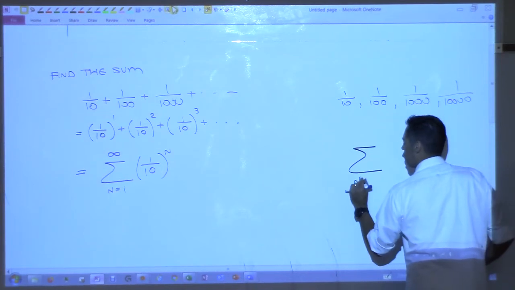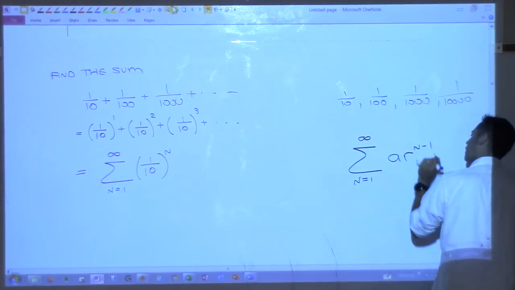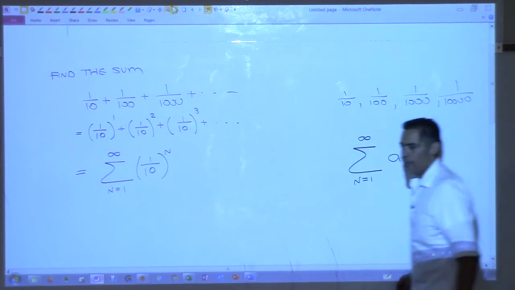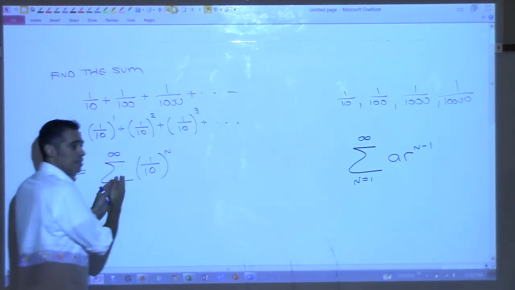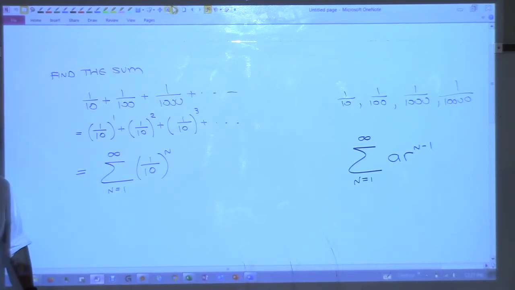This is what the formula looks like on your sheet. a times r to the n minus 1. Is that what we have right here? Do we have a number sitting in front of this, r to the n minus 1? We don't have that, do we? We don't? But we can make it happen.